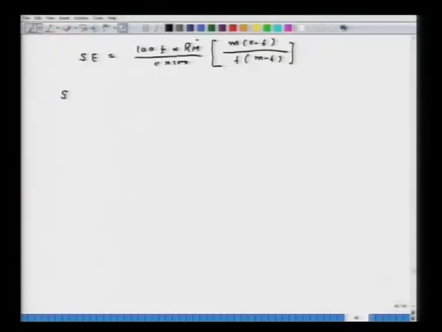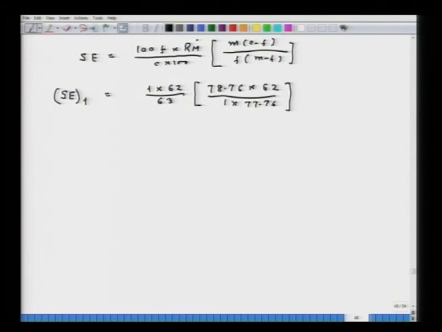I find out the separation efficiency for concentrate 1, that will be equal to 1 into 62 upon 63, 78.76 into 62 upon 1 into 77.76. Now, you may be wondering from where I am getting 78.76. Now, 78.76 is the metal grade of the pure SnO2 mineral.